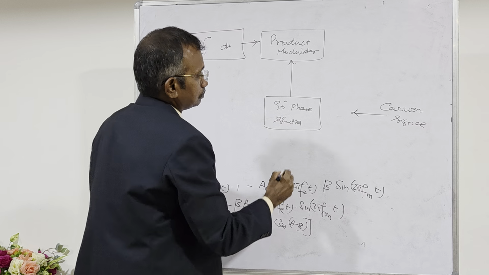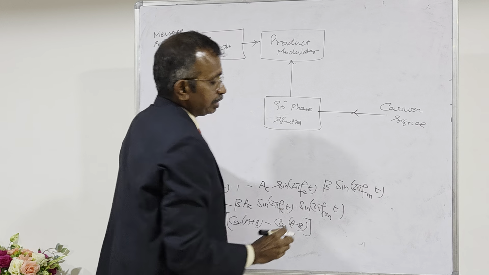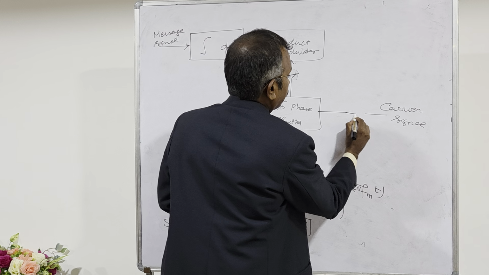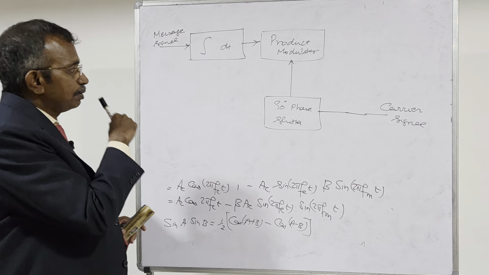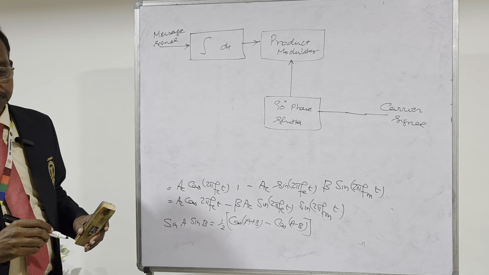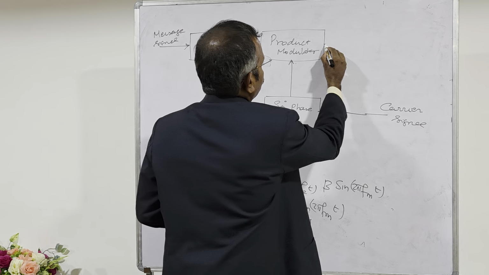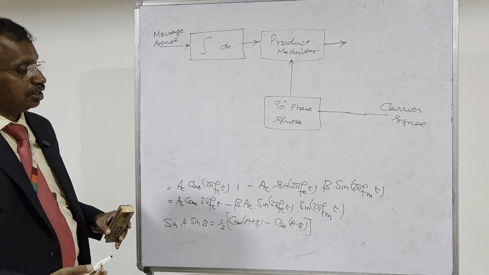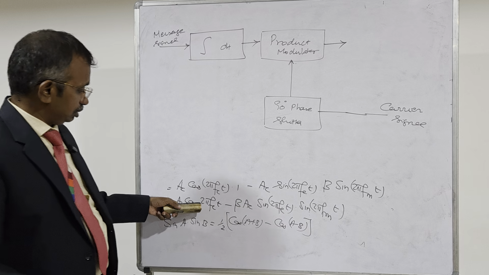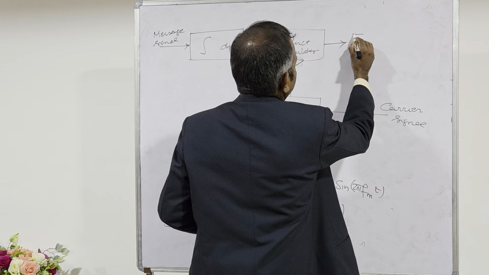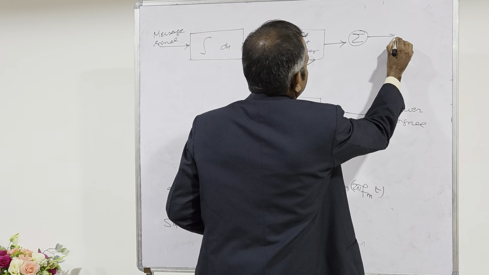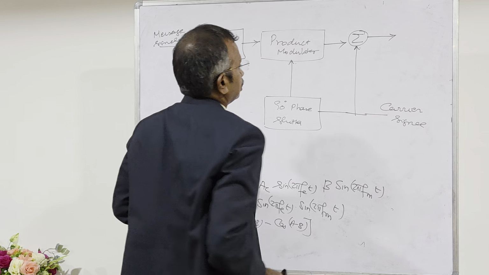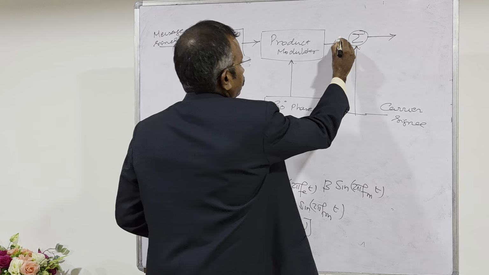So this is the carrier signal. Then the output product is multiplied, and along with the carrier signal, we are going to subtract. So here I am going to use one summer, and at the output will be the desired FM signal. This is minus, this is plus.